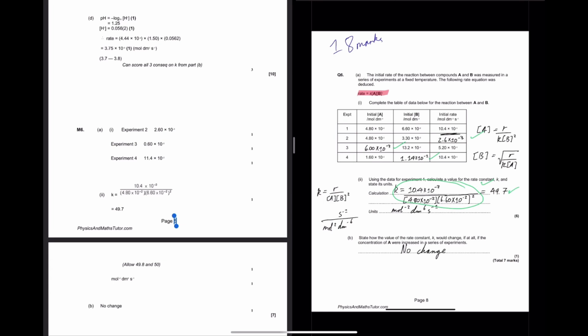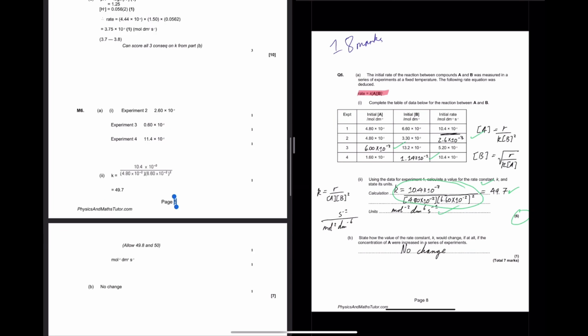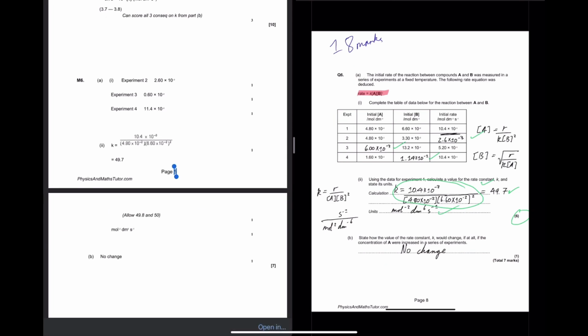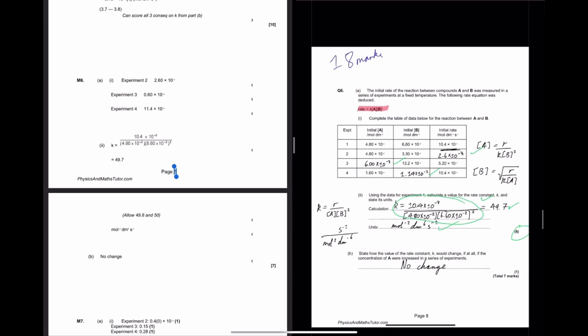And then getting the right units, moles to the power minus 2, dm to the power 6, s to the minus 1, is also another mark. 6 marks there. No change, because remember K is temperature dependent. The rate of the reaction would be affected here because it's first order to A, but the rate constant is just temperature dependent. So 1 mark there, 7 marks in total.